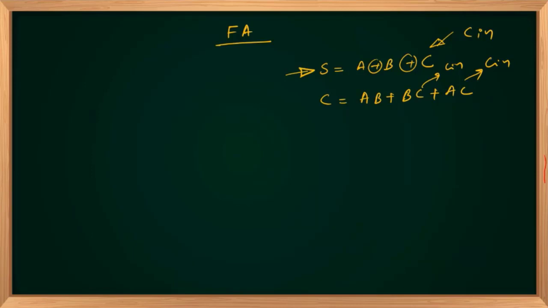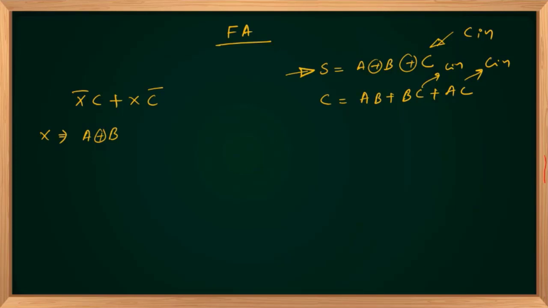The sum output was A XOR B XOR C, which is nothing but X bar C plus X C bar, with X equal to A XOR B, right?